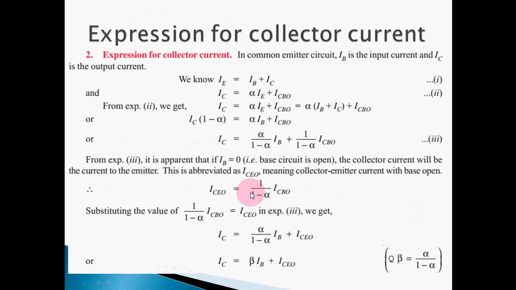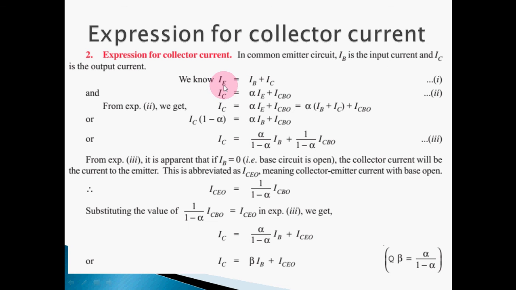Next section is the expression for collector current. For the common emitter configuration, the output signal is collected from the collector side, based on the collector current. We can say that in the common emitter circuit, IB is the input current and IC is the output current as usual.